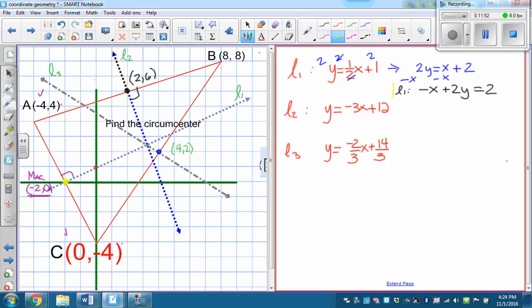And if I put L2 in standard form, that's a little bit easier. Add 3x to both sides. So for L2, I get 3x plus y equals 12.